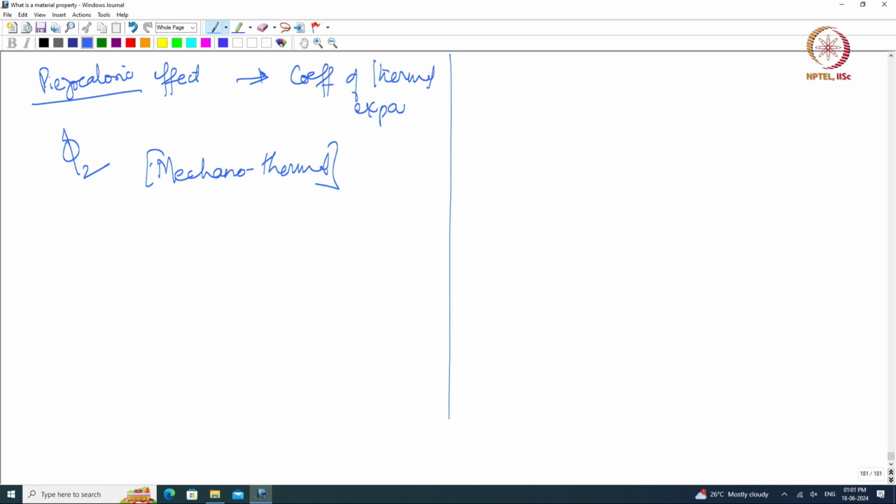What is the coefficient of thermal expansion? You apply temperature and then you look at the change, this is alpha ij, right. You create a strain in the material. What is the piezocaloric effect? You apply stress and then you are generating entropy again, right. So these are one and the same, and for lack of a better word, this is also the magic of thermodynamics.